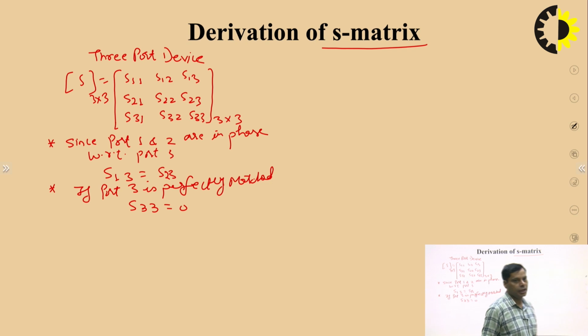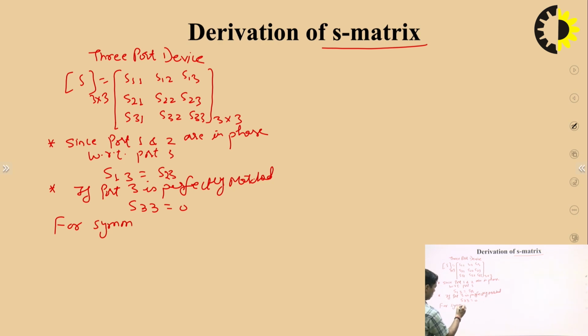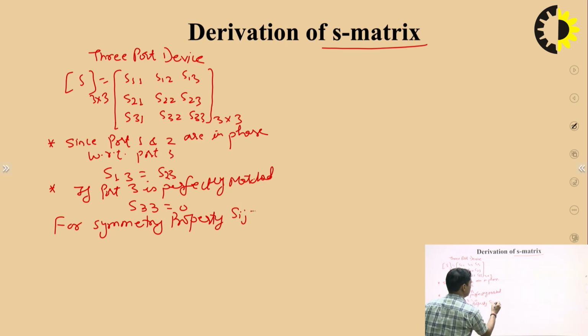Next, we can use the properties of the S matrix. With reference to the symmetry property, Sij is equal to Sji.